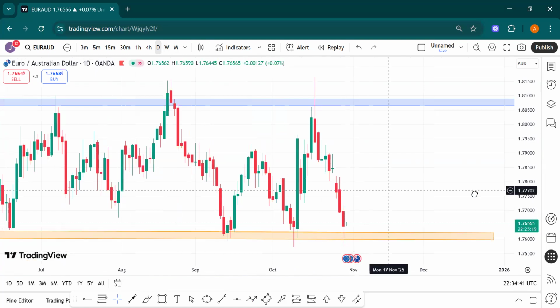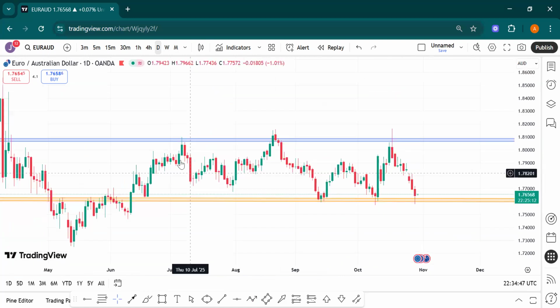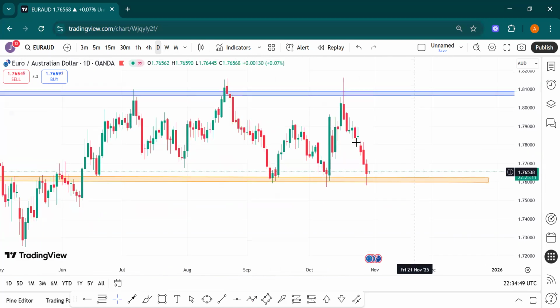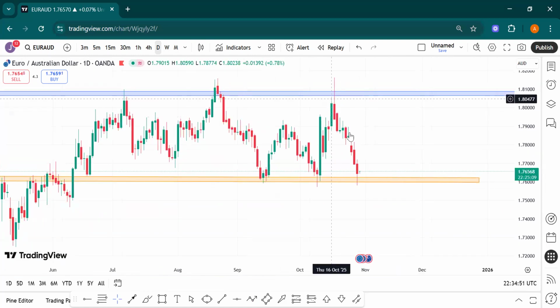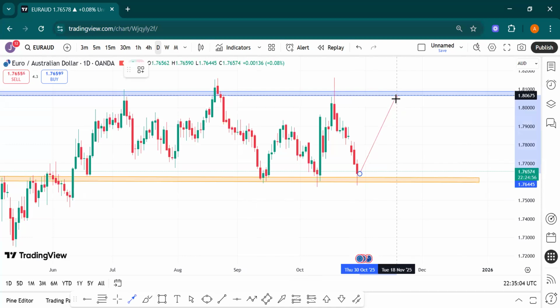This suggests that price is still likely to be pushed upwards and for this range to continue, because even though the sellers pushed price down aggressively, you can see that on this daily time frame there's already a big rejection, which is an indication that price is likely to go back upwards to test this resistance zone.